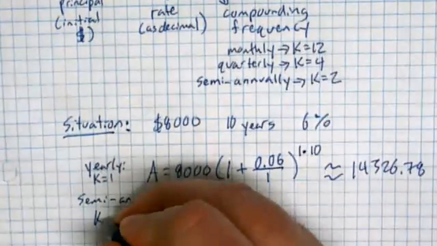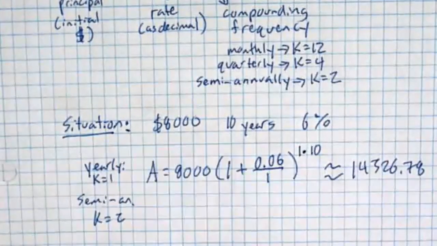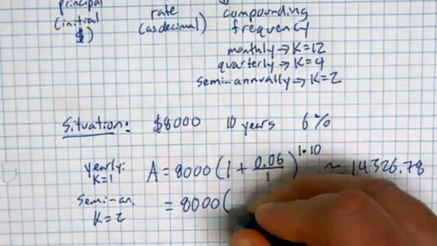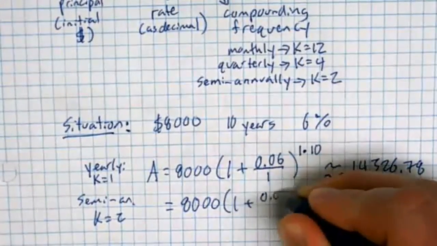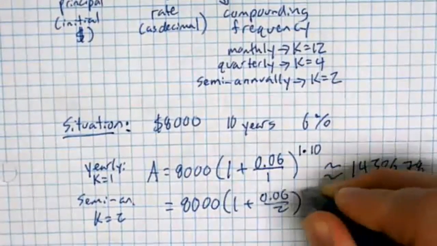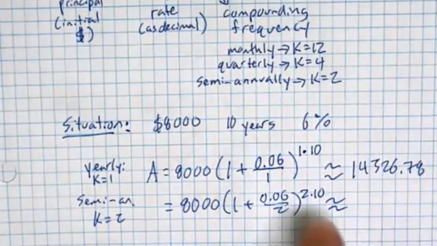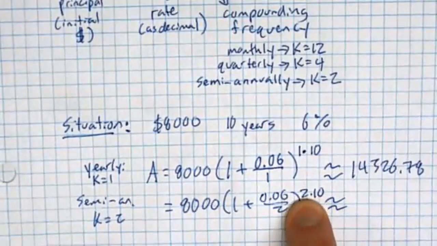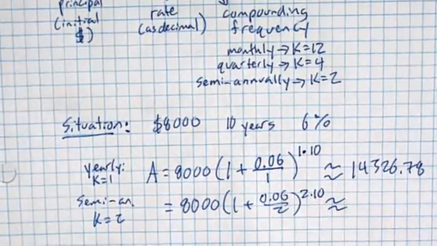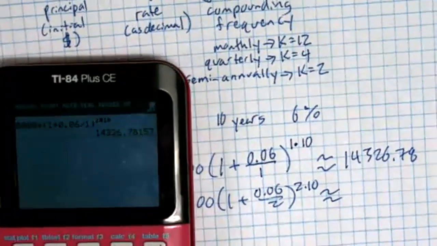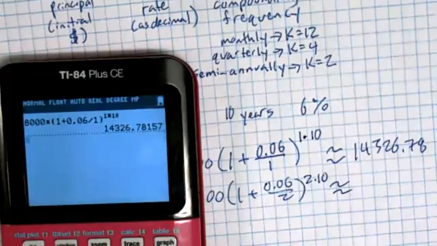In which case K would equal 2. And then this equation would be exactly the same, except those ones are both going to turn into 2s. So it's 10 years, but now we're actually getting 20 payments. Our exponent is 20. And we had a vote for slightly more, we had a vote for slightly less.